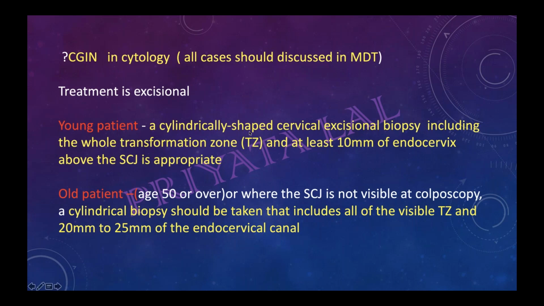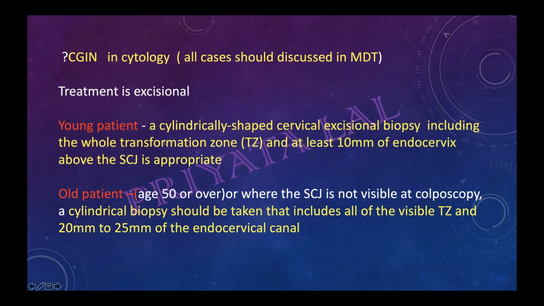In those patients, cylindrical shaped cervical excision biopsy will be taken. That will include whole transformation zone and at least 10 of endocervical tissue above the squamocolumnar junction they have to remove. Okay, this is the young patient.